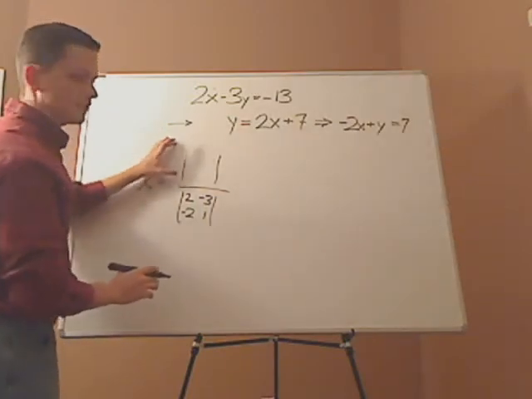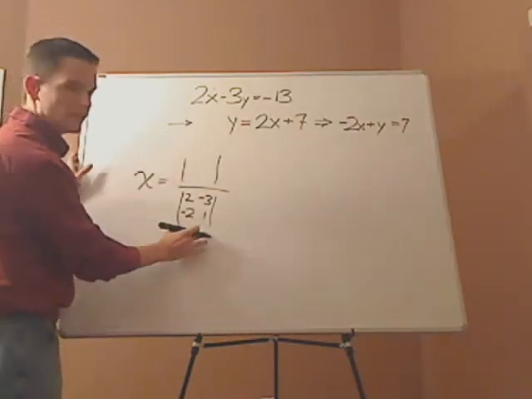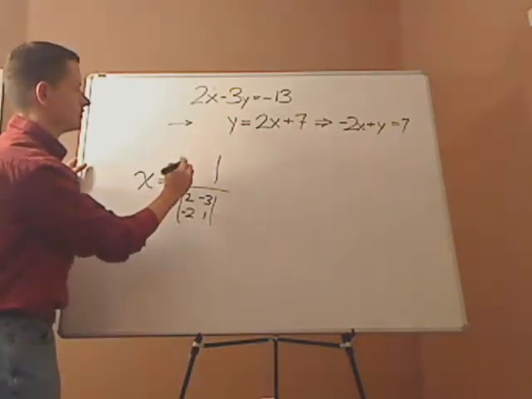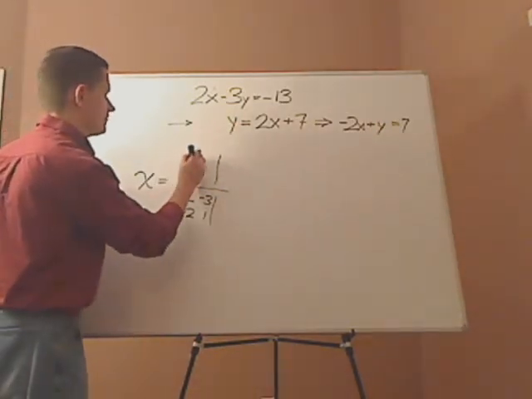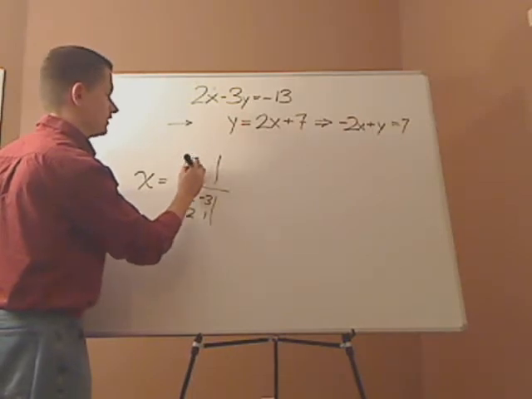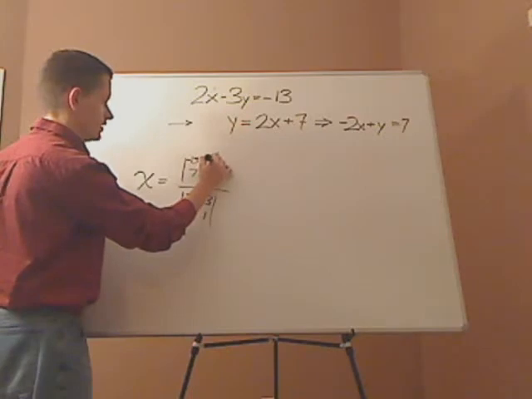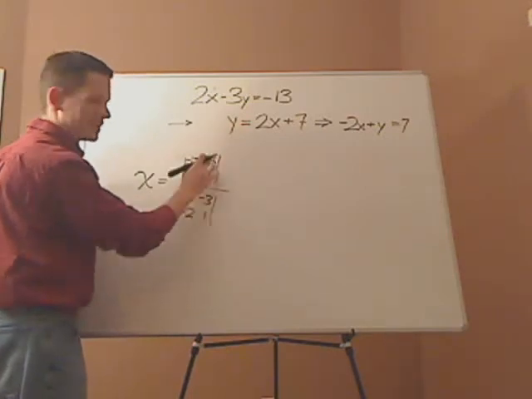So on the top, it's going to be just like this, but your x's are going to be the solutions. So negative 13 and 7 take over that x, and then negative 3 and 1 stay the same.